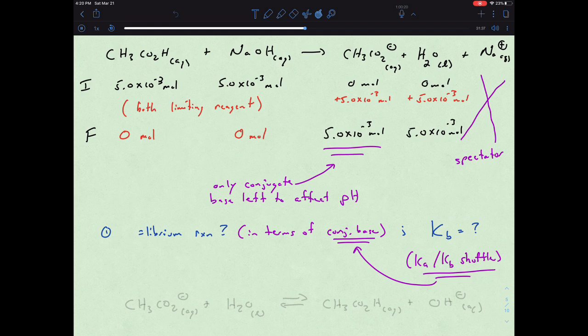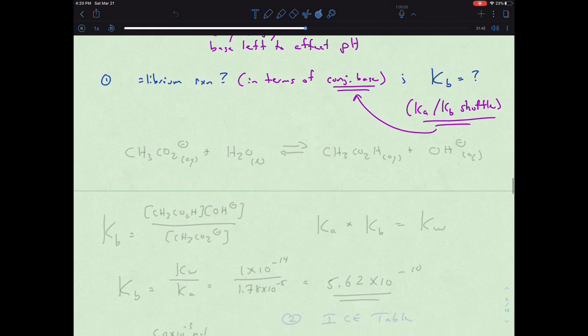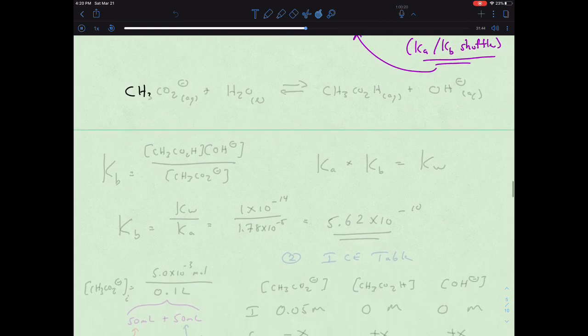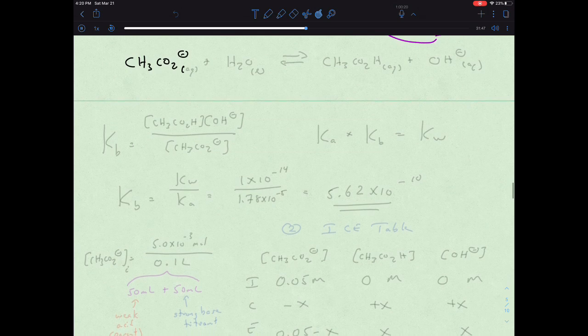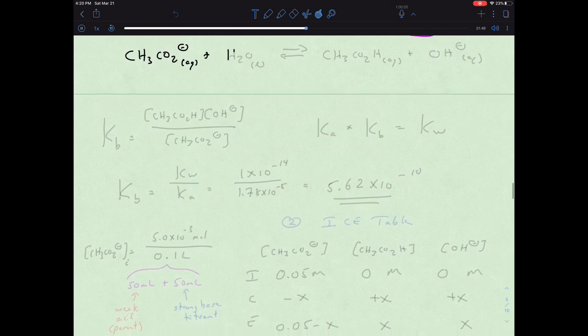So the fact that we recognize it as a conjugate base allows us to set up the reaction as well as now the Kb. So we would be starting with our conjugate base, the acetate, and now we would be forming acetic acid and our hydroxide as our product, right?